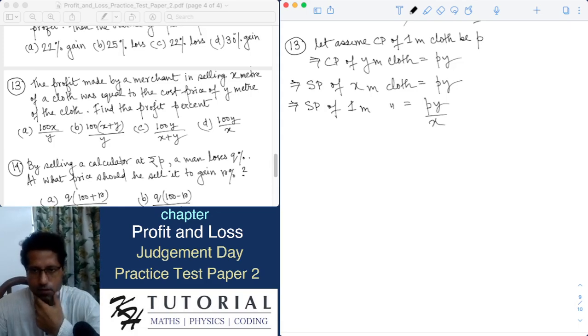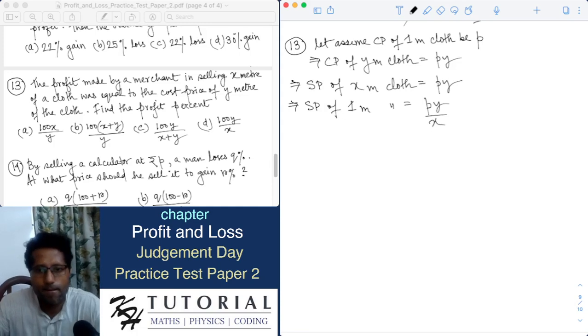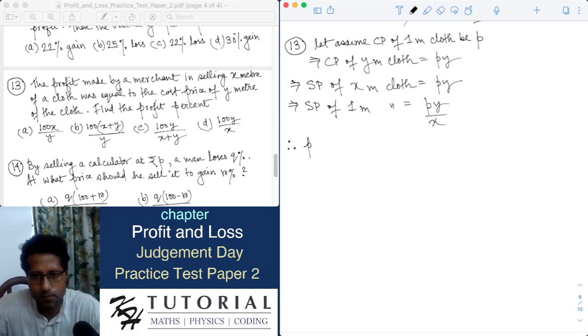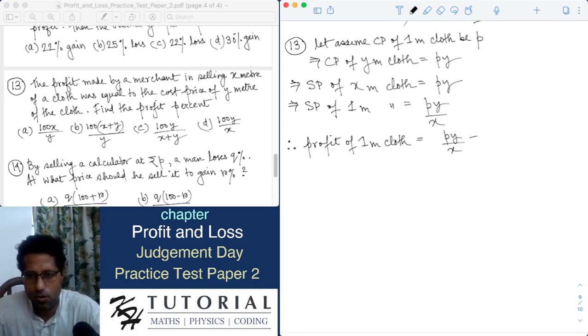The selling price of 1 meter of cloth we found to be Py by X, and the cost price of 1 meter of cloth we have assumed to be P. Therefore, the profit for 1 meter of cloth is the selling price of 1 meter of cloth, that is Py by X, minus the cost price of 1 meter of cloth, that is P.